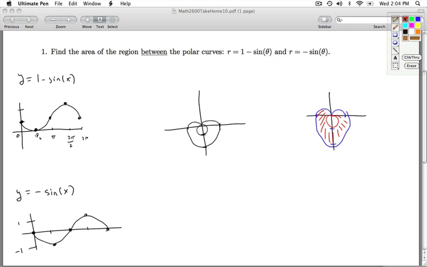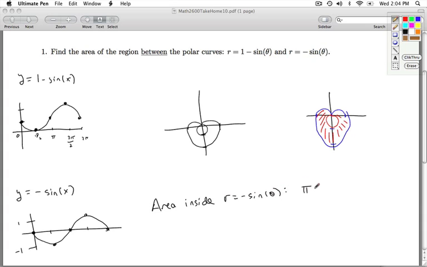Okay, so how can I determine that? Well, I can find the area inside the first curve and then subtract from it the area inside the second curve. Now, the area inside the second curve, that's a circle. So the area inside r equals negative sine theta, I can find using geometry.